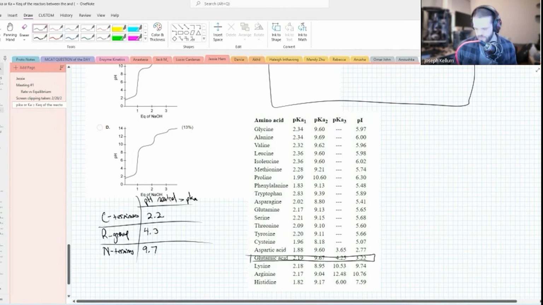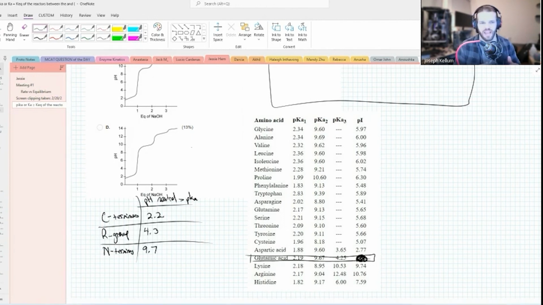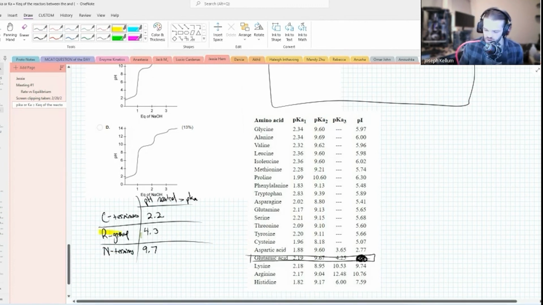9.7. Okay. So in order to find the pI of glutamate, and I'm scribbling it out over here, all you have to do is find the two that are alike. Since glutamate is an acidic amino acid, the two that are alike are the R group and the C terminus.